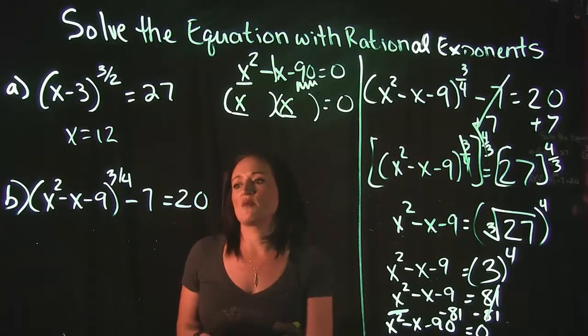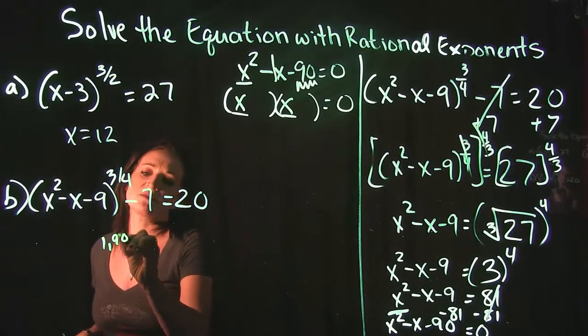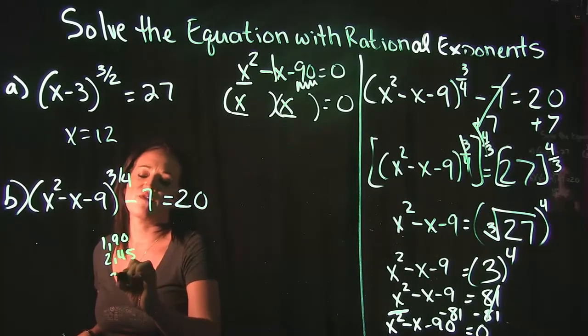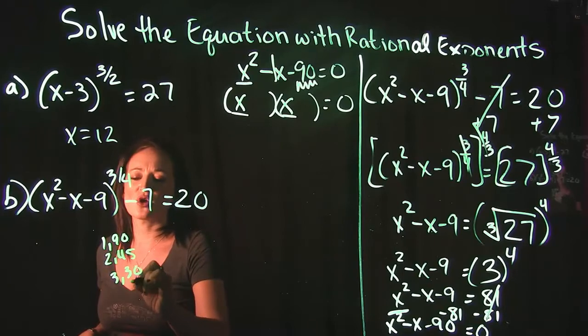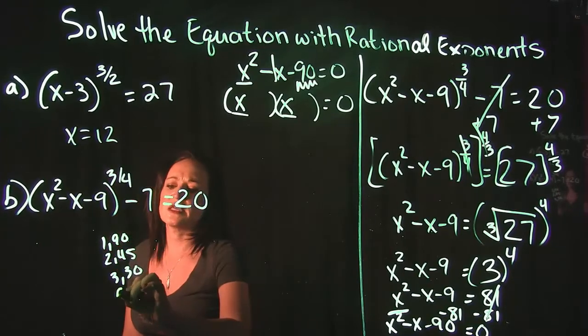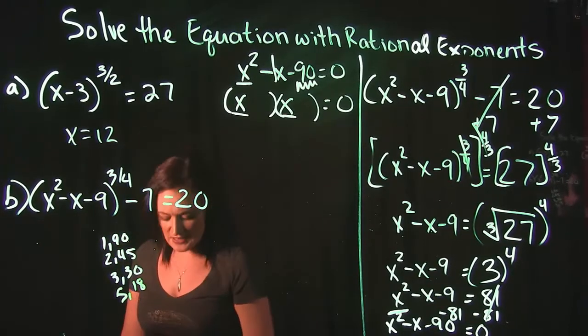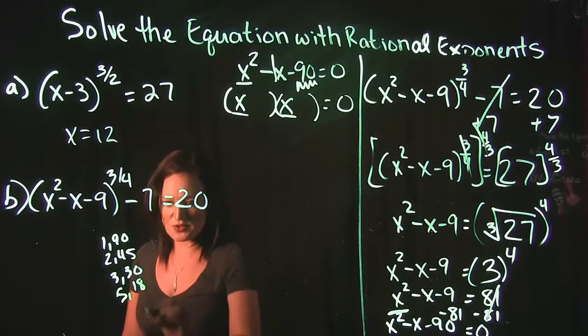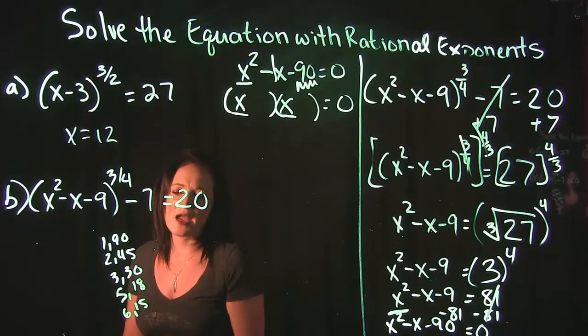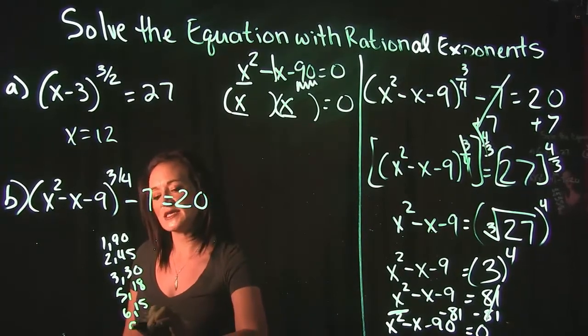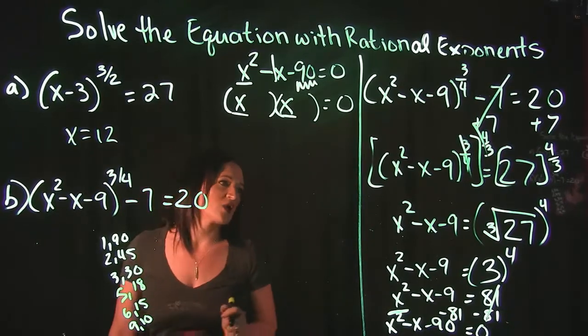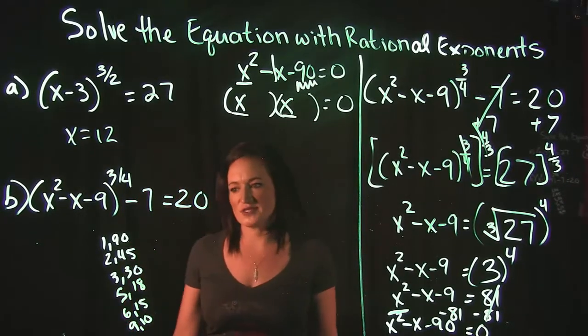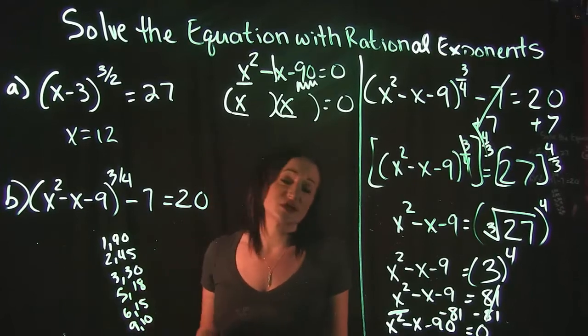There's a lot of things that multiply to get 90. 1 times 90, 2 times 45, 3 times 30. Let's see, 5 goes in there 18 times, 6 goes in there 15 times, 7 doesn't go in, 8 doesn't go in, 9 goes in there 10 times. Okay, so these are your factors of 90.